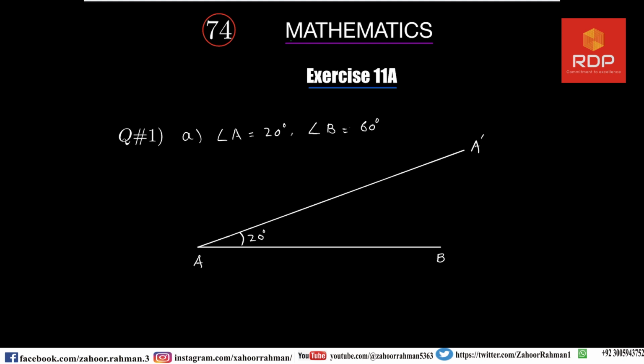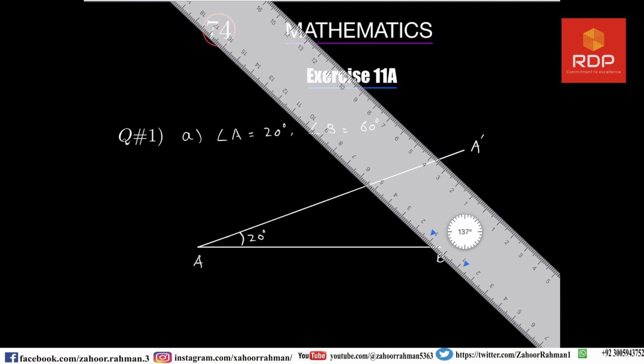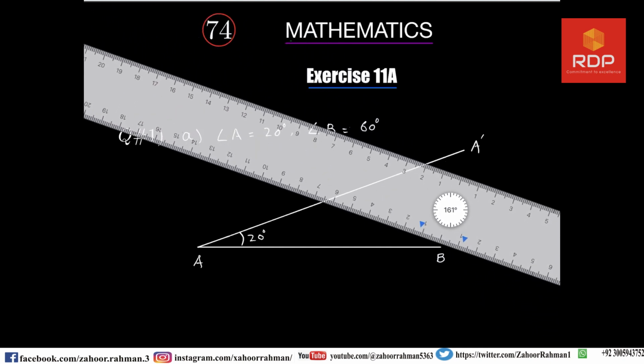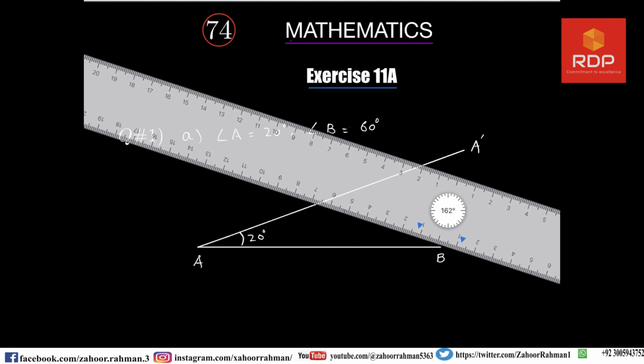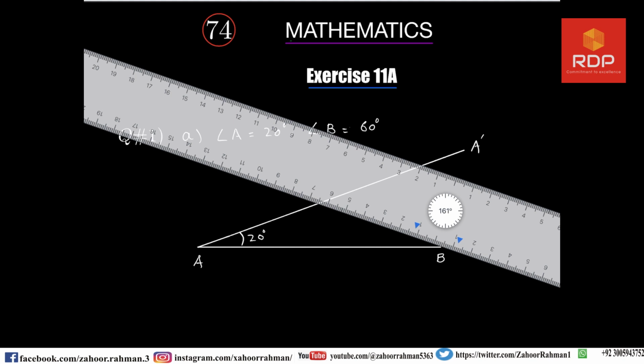Now the next job is to draw a line in the clockwise direction as the 60 degrees at B. For that again I am bringing the protractor and here I am drawing an angle of 60 degrees.